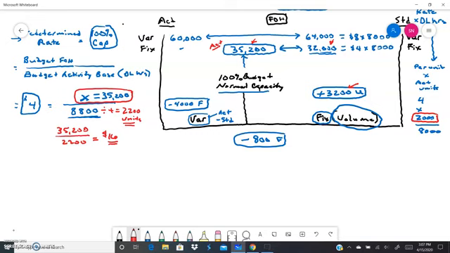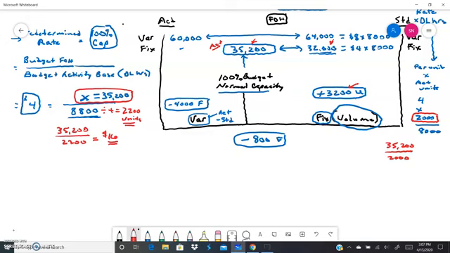Unfortunately, what happened was, when we actually produced only 2,000 units, we still had the $35,200 cost, but now we only had 2,000 units. And remember, all costs have to be absorbed by all the products. This is absorption costing, so there can't be any leftover costs. All the costs have to be included in all of the products.